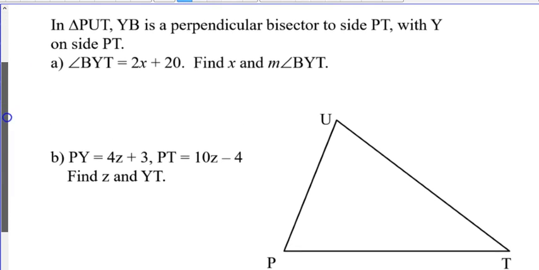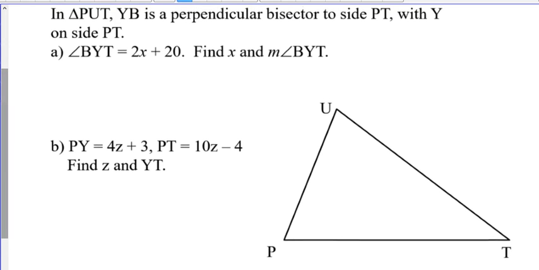Okay, in PUT, YB is a perpendicular bisector to side PT. So we are basically looking for the middle, the midpoint of PT. And if you want to use a ruler for this, that's fine. You can do that.